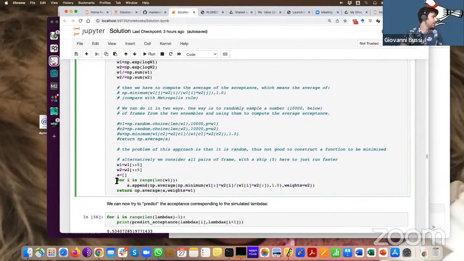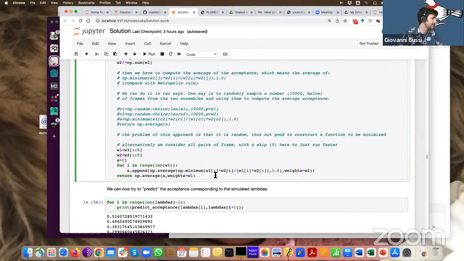Basically, I take the first frame from ensemble E1, the second frame from ensemble E2, and then I compute the acceptance between these 2 frames. I have to compute an average because I know the probability to extract the first frame from ensemble E1 is just W1. The probability in ensemble E2 is just W2.